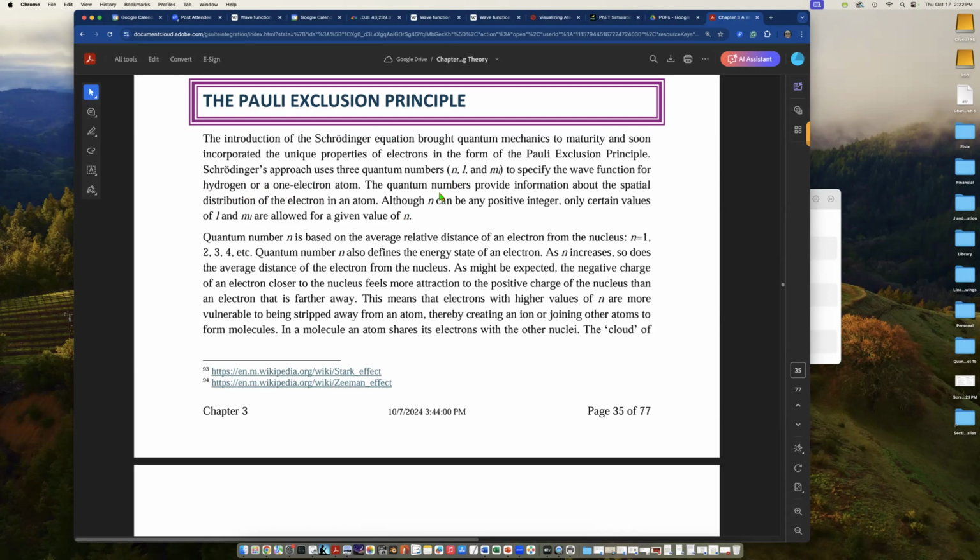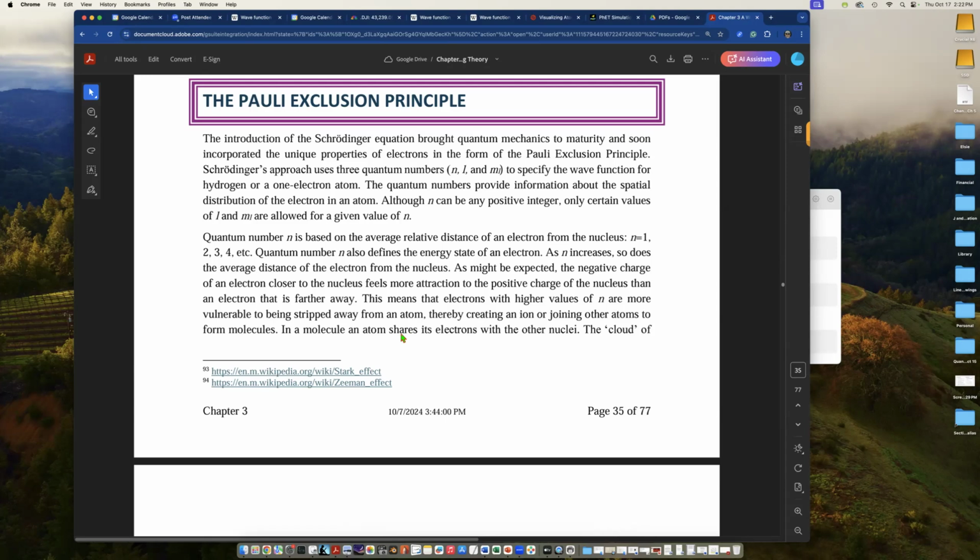Pauli realized, and he did this by looking at the mathematics, that this quantum number, once again, has to be an integer. This quantum number has to comply with a rule now called the exclusion principle, that the spin orientations of electrons in the shells of atoms can't just take on any old value.